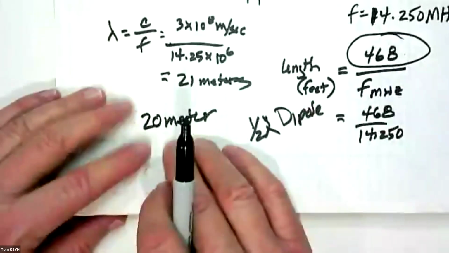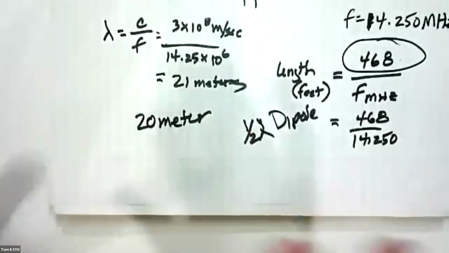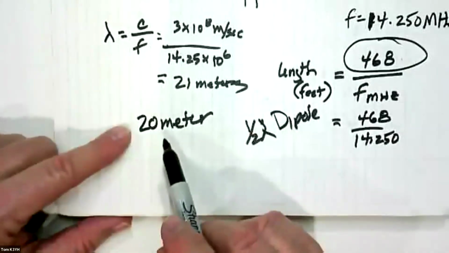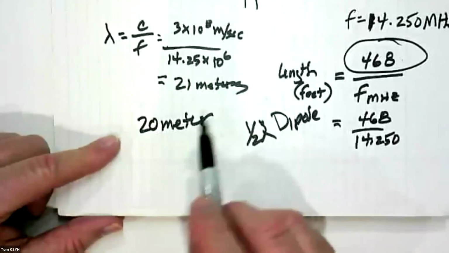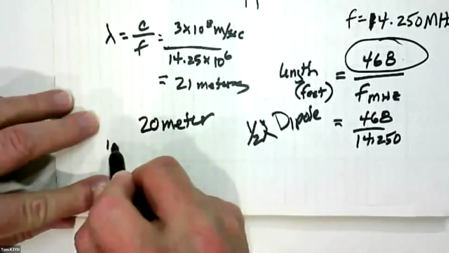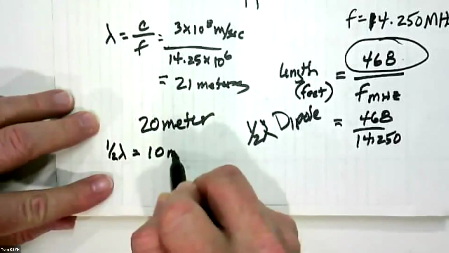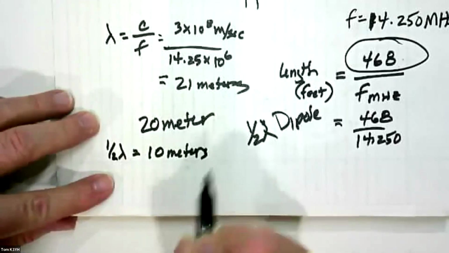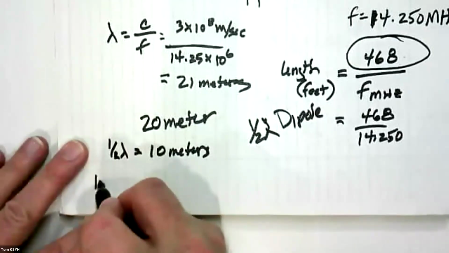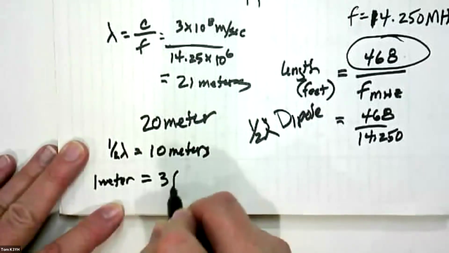That's something that every ham knows. Exactly what frequencies you're allowed to use and all that, you can have a chart up on the wall, but you should know that 14.250 is in the 20-meter band. Okay, so a half wavelength at 20 meters is going to be 10 meters, right? And 1 meter is about 3 feet.